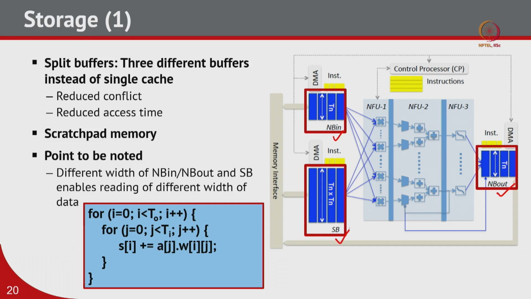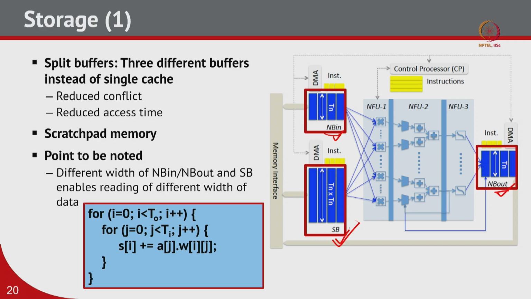With a separate buffer for input, only the input activations stay in that buffer. With a separate buffer for synapses, only the weights stay there. Similarly, with a separate buffer for output, only the outputs are stored there.